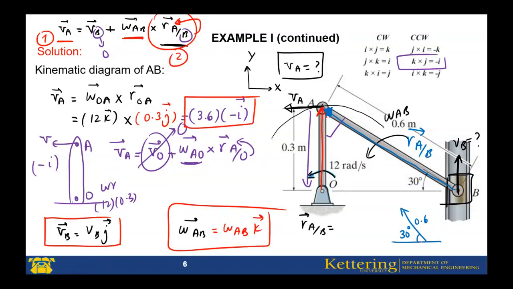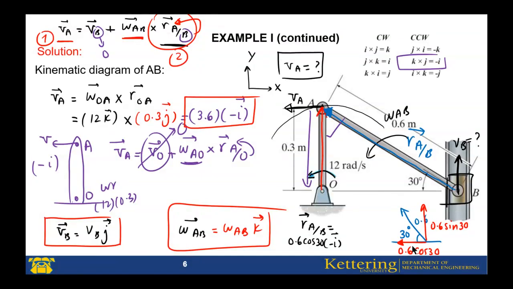This one has two components. One along the x is 0.6 cosine 30. Along the y, it is 0.6 sine 30. To write this one, I can write 0.6 cosine 30 in the minus i direction. This is in the opposite direction of the x. Look, this is x positive.